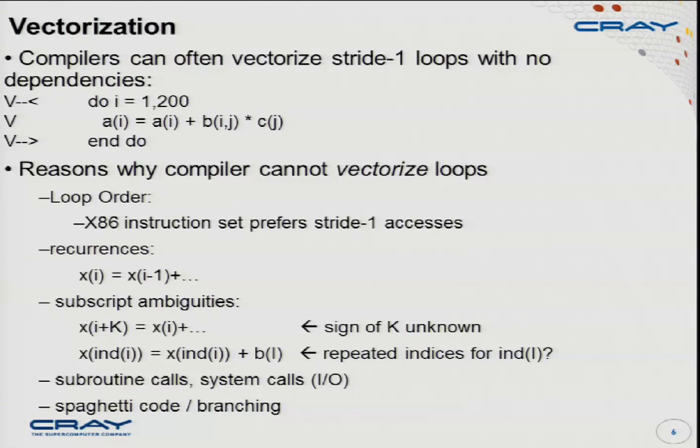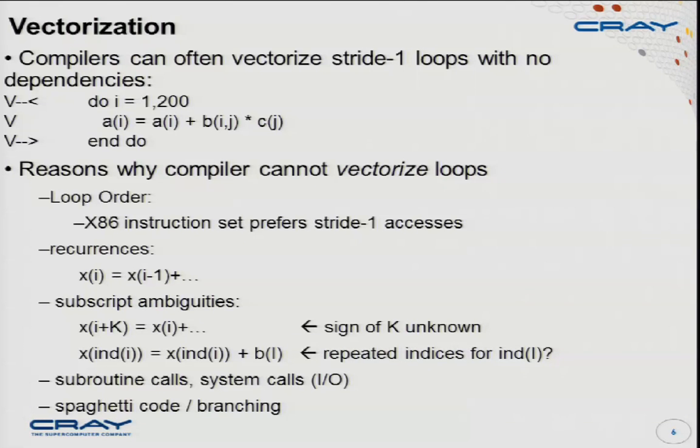Everything is stride 1, so it can load a vector of B and a vector of A. Even though C is not dependent on I, it can load a scalar, promote it to a vector, and do all of this in vector instructions. And you'll see in the Loopmark listing in a bit, nice V's. The Cray compiler will tell you pretty obviously when it vectorizes.